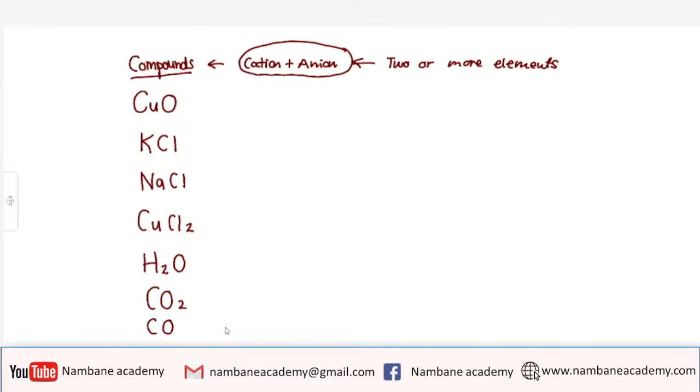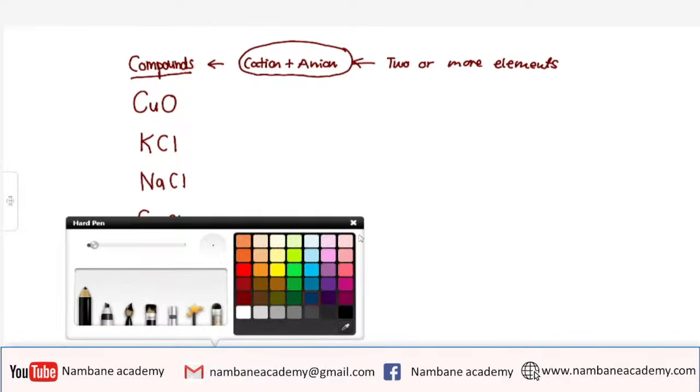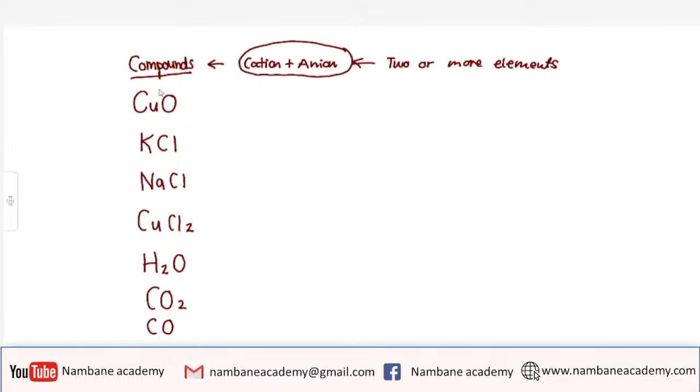So these are all compounds. Now, because I told you this hack that the cation always comes first, it means that the cations are all the ones that I'm going to underline now in blue, right? So all of these ones are our cations, right? So if we have to write the cations here, it's going to be copper, sodium, okay.